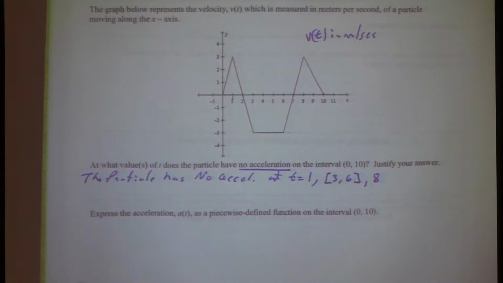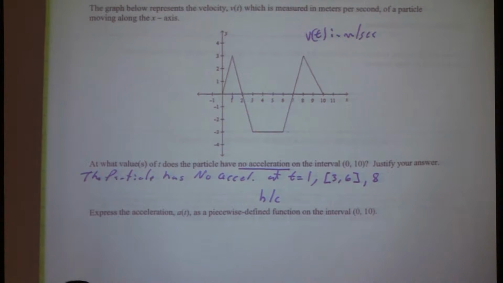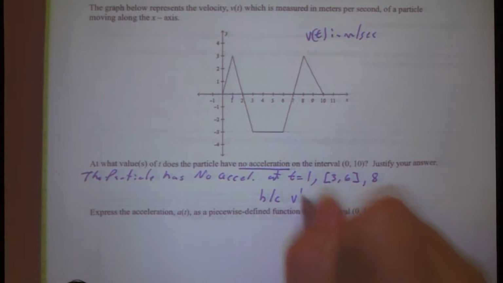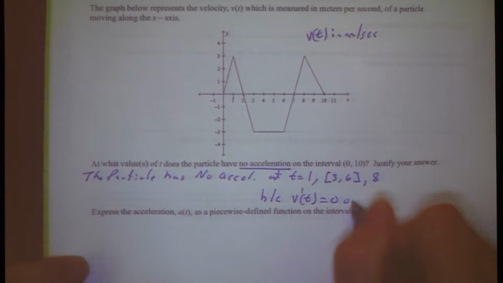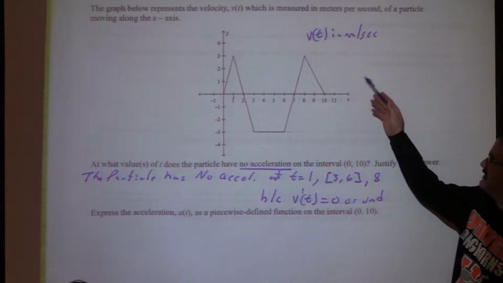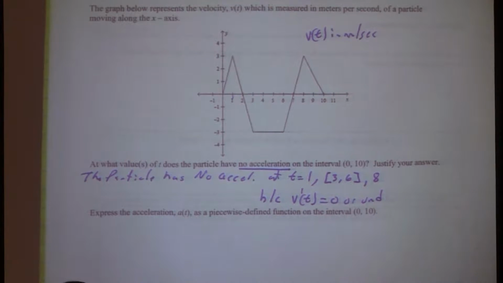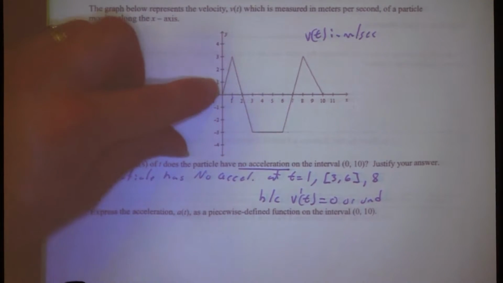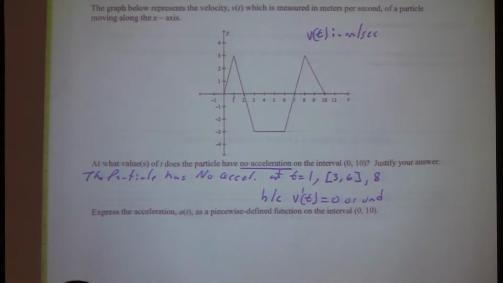And what would be your justification? Because v prime of 3 changes from... v prime of t equals zero or undefined? So that would be describing it using the derivative, right? If we describe it using this graph, then it would be because what? Increasing and decreasing. It changes from what? Increasing to decreasing, or it remains constant.